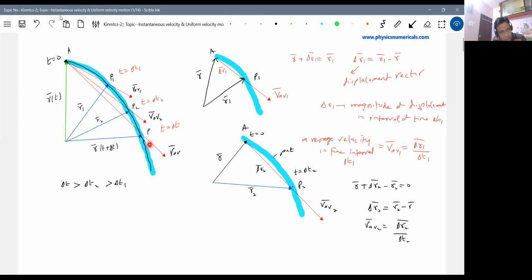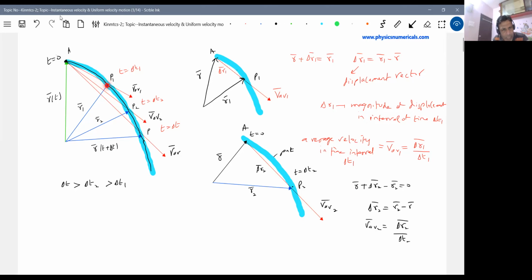So what will happen to this average velocity vector? It keeps on rotating. Now is the displacement vector along the tangent to the path? Not there. But as I keep on decreasing delta T, the displacement vector will start leaning towards the tangent to the path.